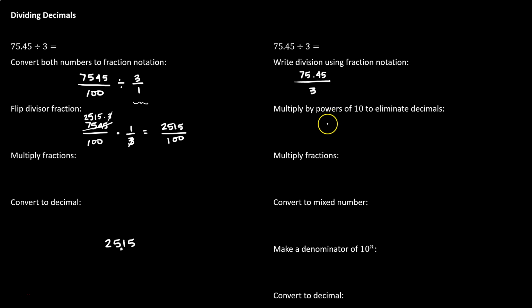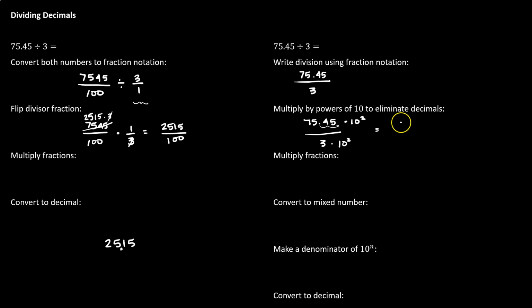Remember that we learned in scientific notation that positive powers of 10 move the decimals to the right. So if I do 75 and 45 hundredths multiplied by 10 squared, that'll move my decimal to the right twice. But if I do that to the top, I need to multiply the same value to the bottom to preserve the value of the fraction.